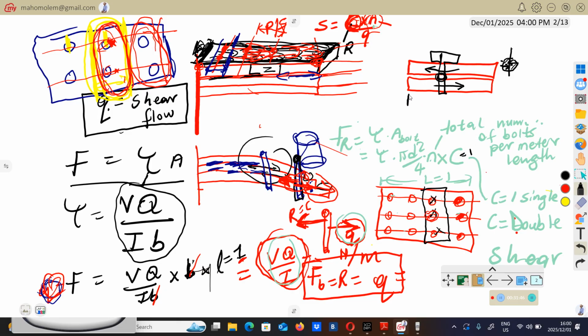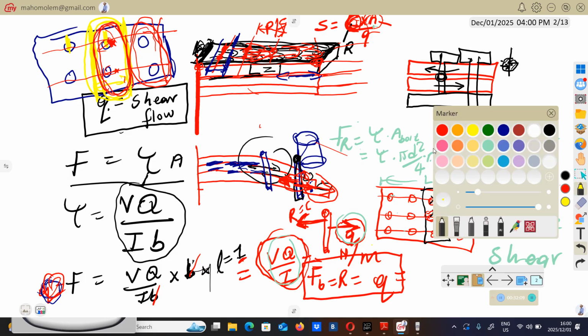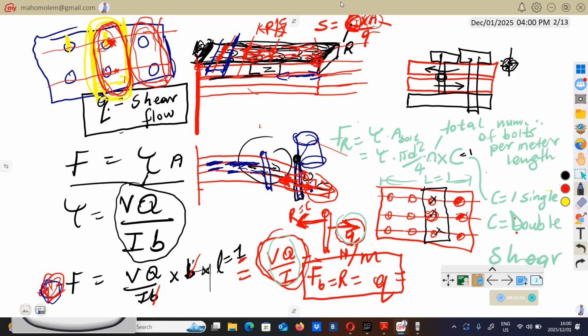But if you put the third plate or plank or whatever, then you put one bolt like this across. In this case, we are going to have a double shear. So this bolt, which is 1, is going to be pulled like this here, and then even here it is going to be pulled like that.